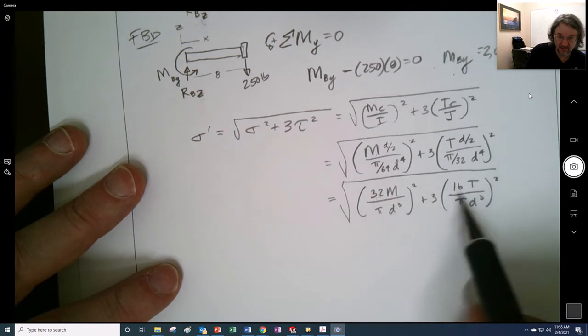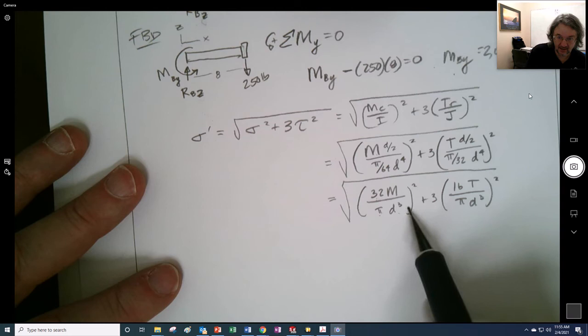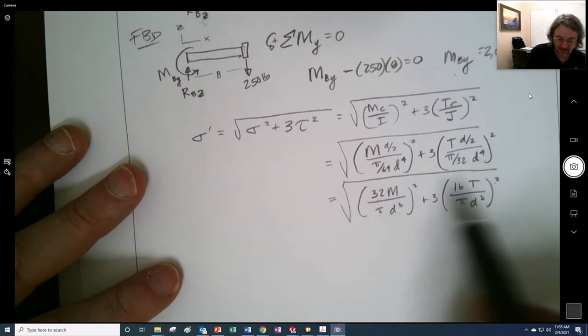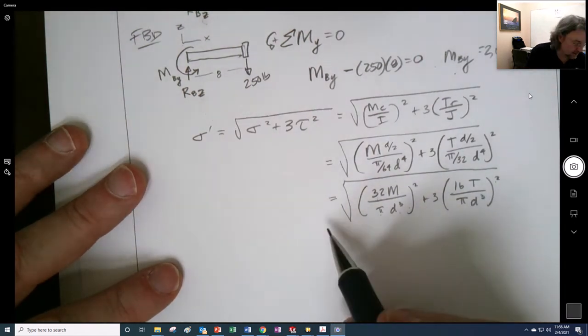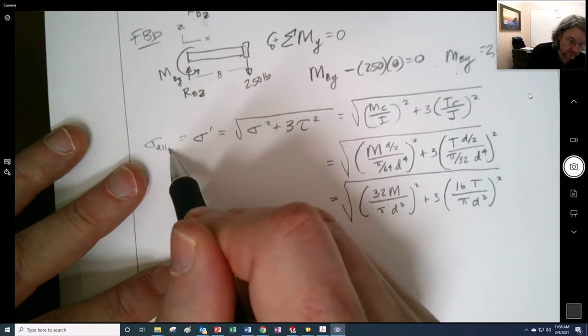We have that there's 16 here, so there's 16 times 2 right there, pi and d cubed, and this is squared, but then we take a square root of it, so we can do this algebra right here. And by the way, we're going to set this thing to the allowable.